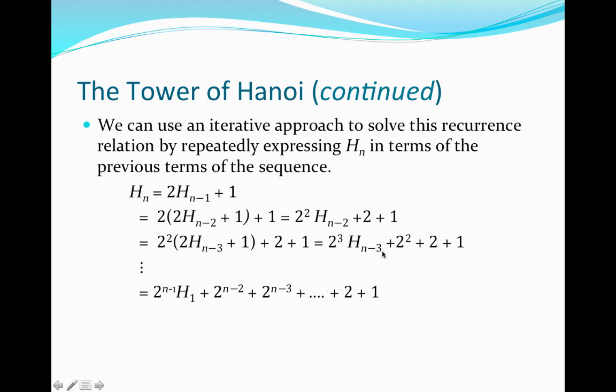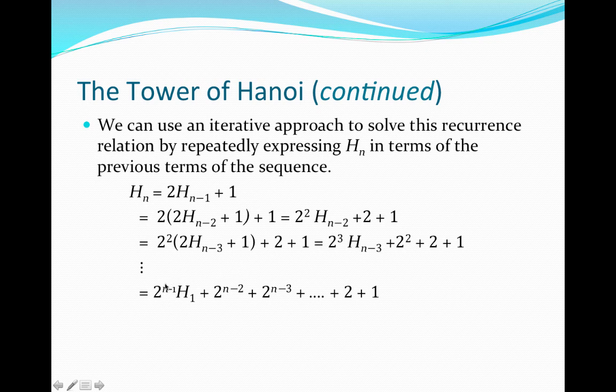If we take n and subtract n minus 3, n minus n cancel out, and subtracting minus 3 gives us 3. So that tells us that this exponent is n minus the index here. So if we're looking at replacing h sub n minus 3 with h sub 1, this is the index. With that relationship in mind, this exponent is simply n minus the index here. Recall, because 3 was n minus (n minus 3).